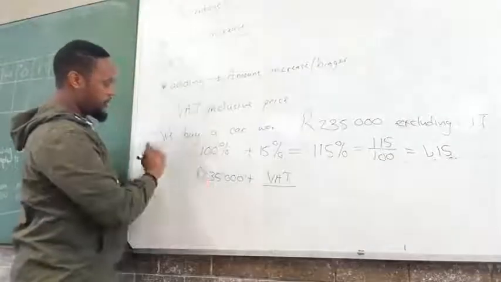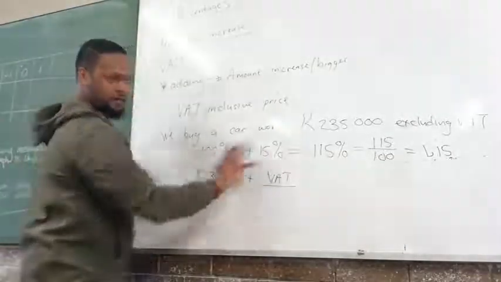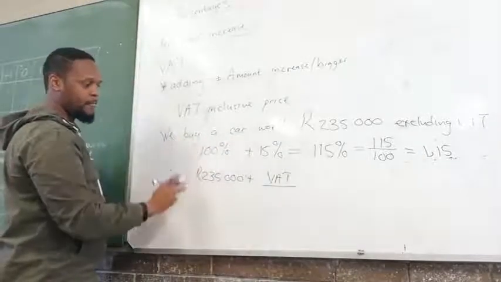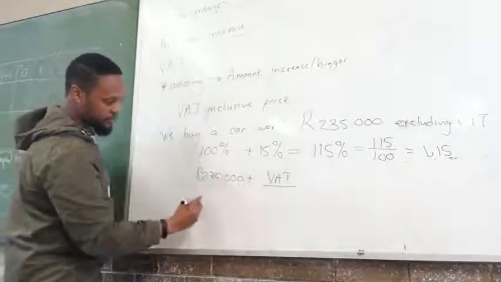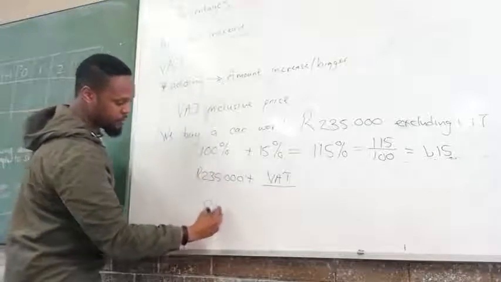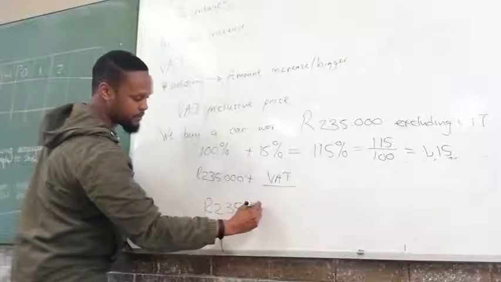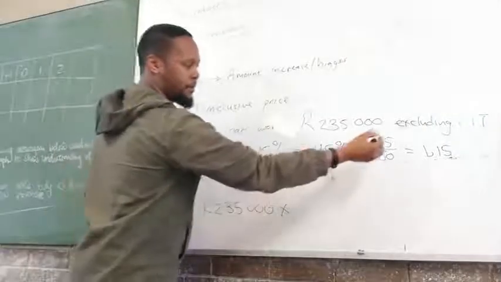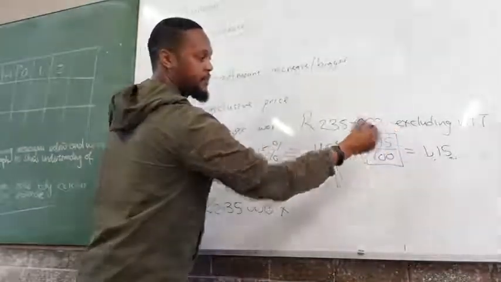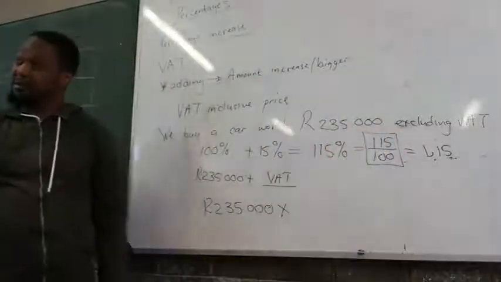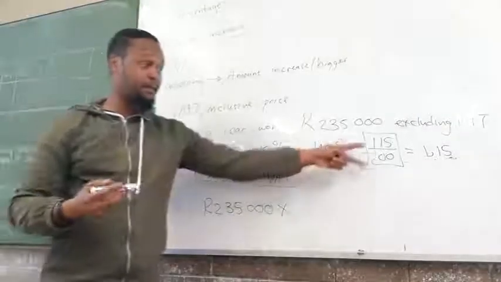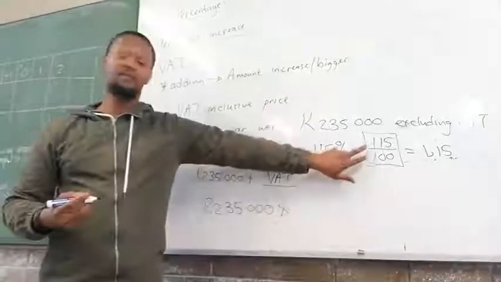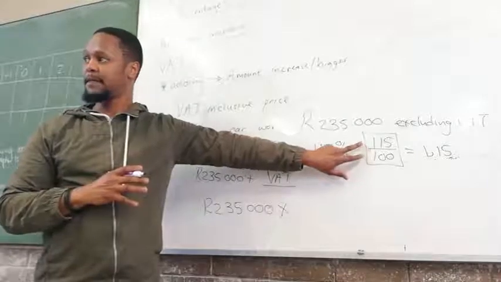So this is all part of your planning. Okay? This is all part of your planning. So in our calculation, we are going to say 235,000 multiplied. Now you can take the amount as it is here when we do VAT inclusive. Then you can take the fraction, or you can just in your calculations show where this is coming from, the 115%.